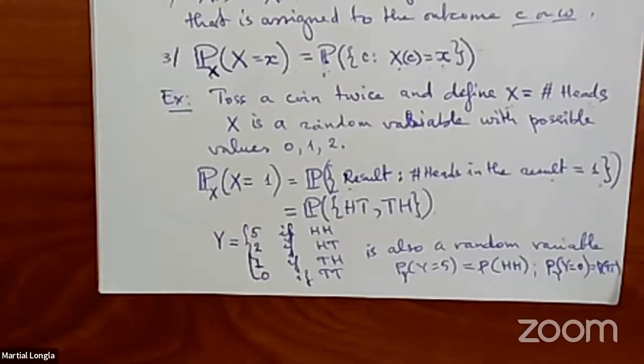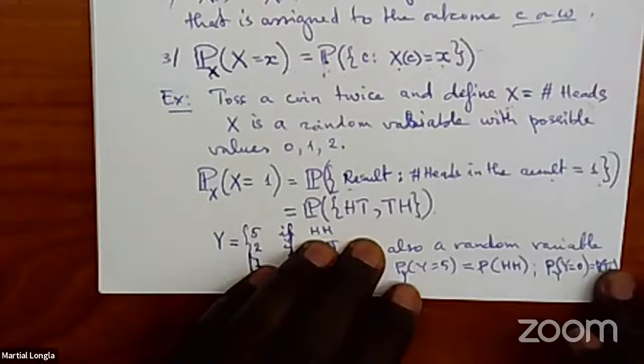So you can have one experiment and have a bunch of random variables that are defined on that same experiment, depending on what you are interested in.